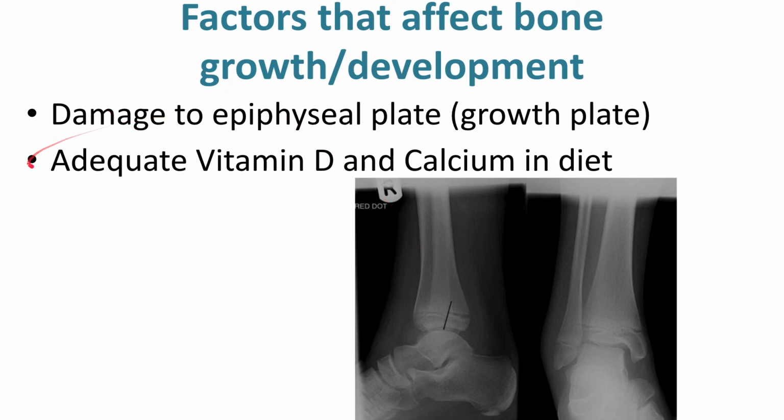The other important factor that has a significant effect on growth and development is adequate vitamin D and calcium in your diet. Now, this is super important because, like we've said before, your bones are a storehouse for minerals, and a lot of times that storehouse is used to help buffer your blood, as well as several other biochemical functions.